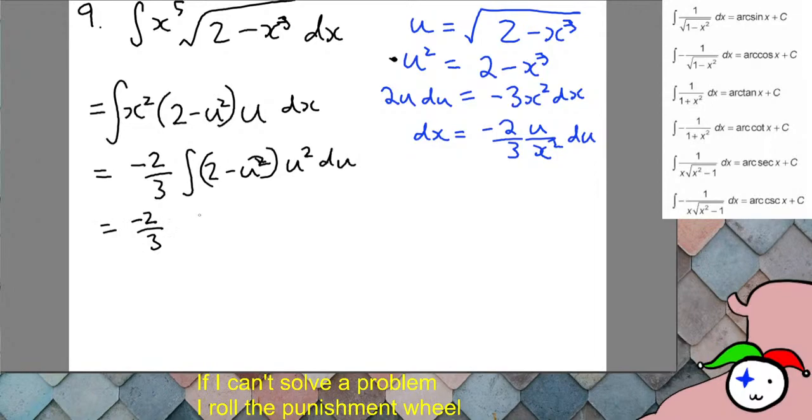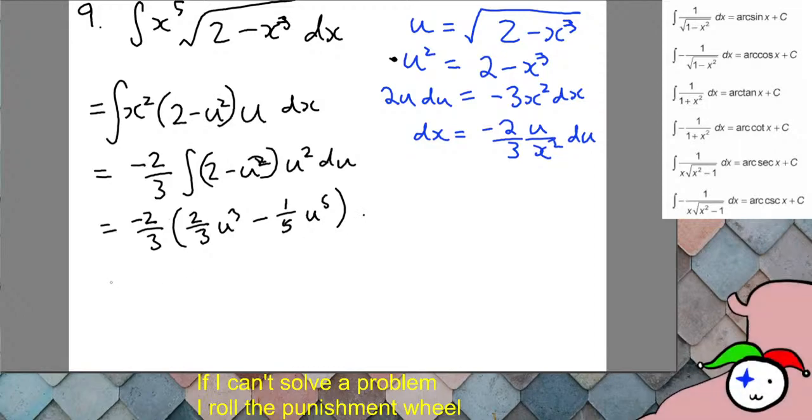So to put that in the front, 2u squared, the antiderivative would be 2/3 u to the power 3 minus 1/5, sorry, u to the 5.